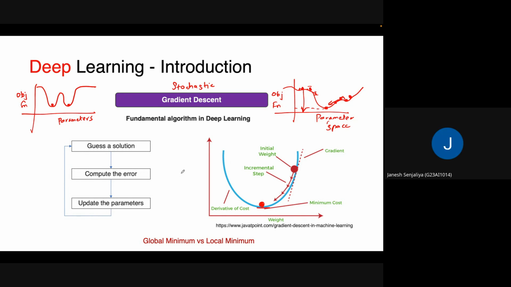So what is meant here by stochastic? The idea of the stochastic part is, in addition to moving towards the negative of the gradient, you also introduce a small noise to the system. That is, you perturb the system in this parameter space. You push it here or here slightly, in a random direction.